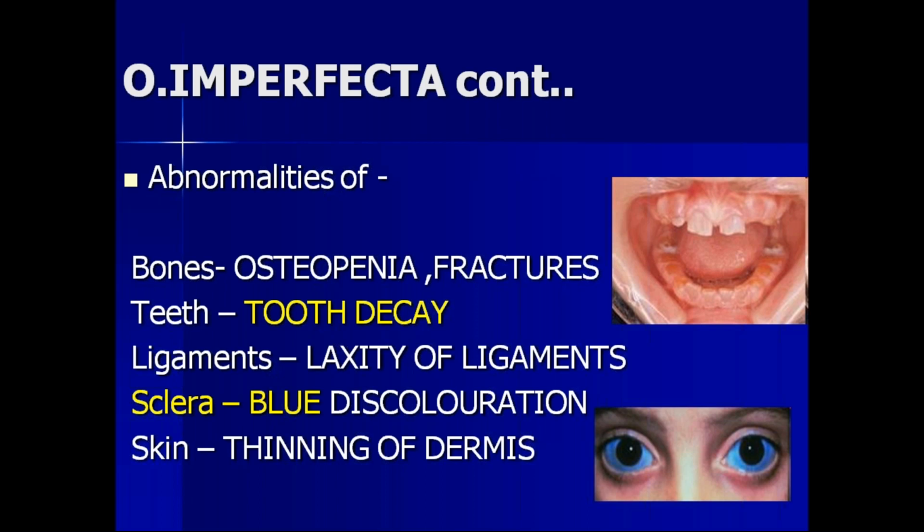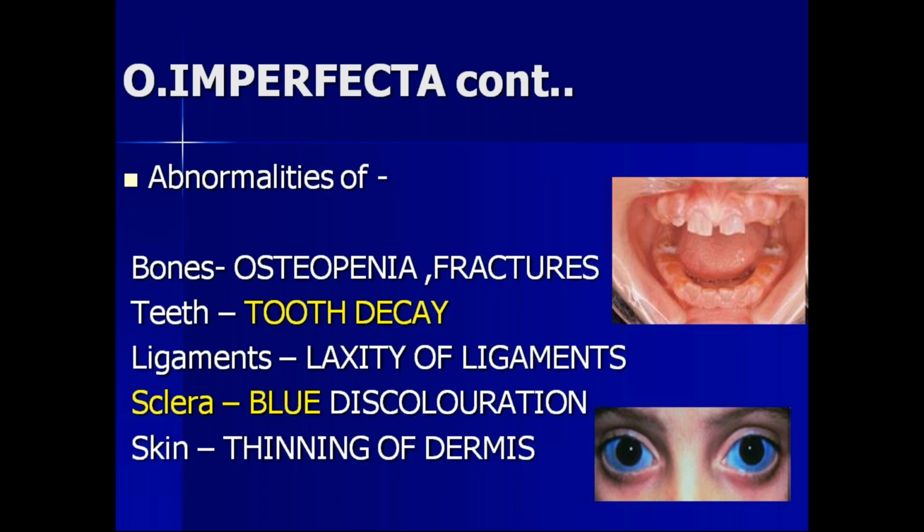Ligaments, there may be laxity of ligaments. Sclera, bluish discoloration of sclera. Why bluish discoloration? Because the collagen is deficient and the sclera becomes so thin that it becomes transparent. So the choroid behind the eye is visible through the sclera. The white portion of the sclera is translucent and it shows the choroid.